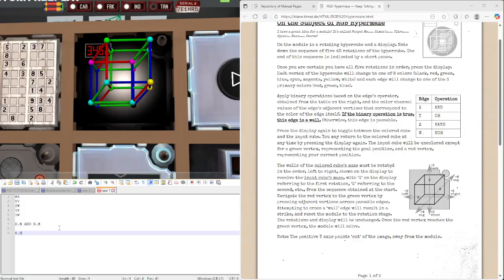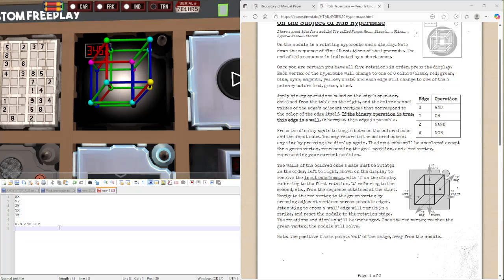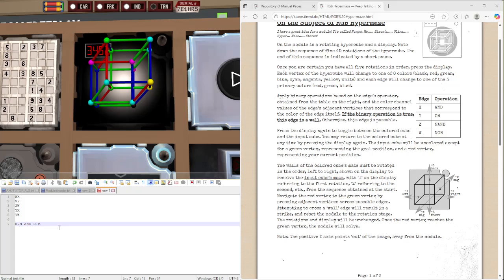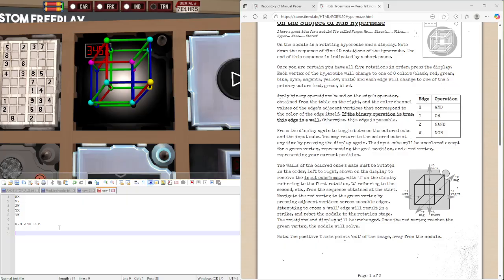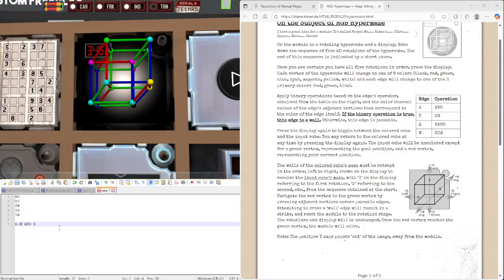Out of B. Which is true, which is a wall, so we can't use that one.